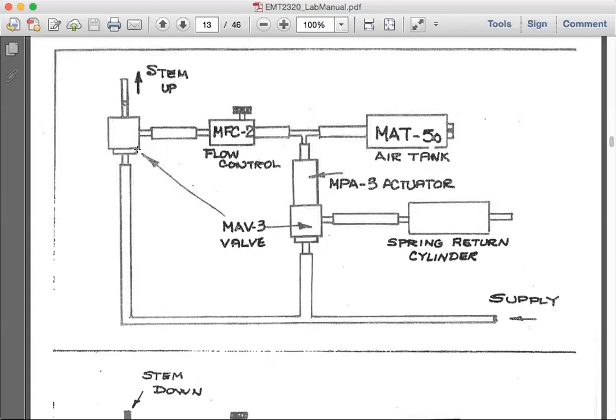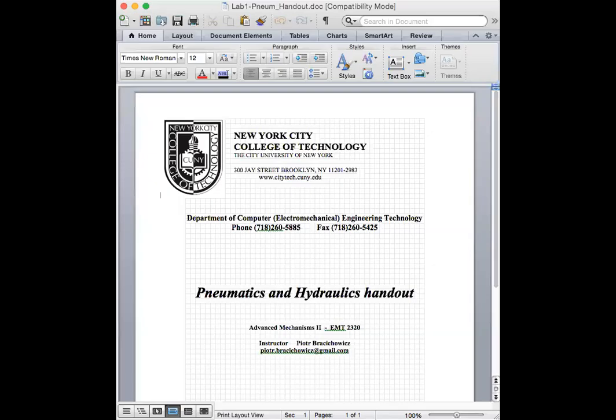Okay, in your system, if you have any questions, just let me know. But it's good also to have something handy. I will show you which file you should have handy, and you can open it on the site. It's this file, pneumatics and hydraulics. Oh, sorry, actually, that's not that. That's this handout. In this pneumatics and hydraulics handout, you have the description and analysis of all the valves.